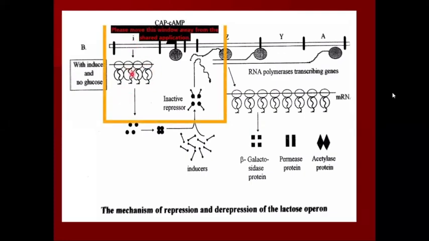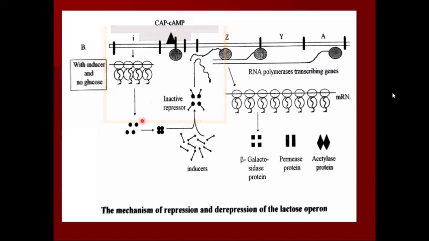It is constantly being what? It is constantly being expressed into RNA and RNA to a protein. What is this? That is a ribosome producing the repressor protein. Okay?